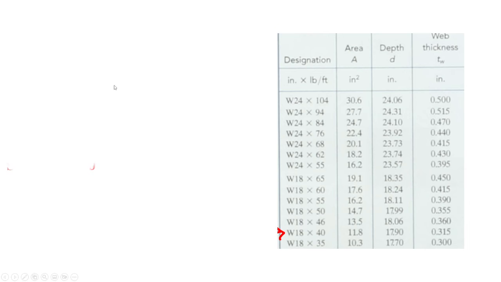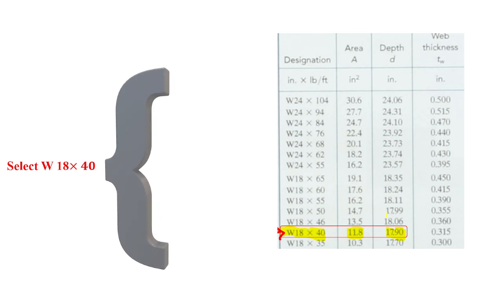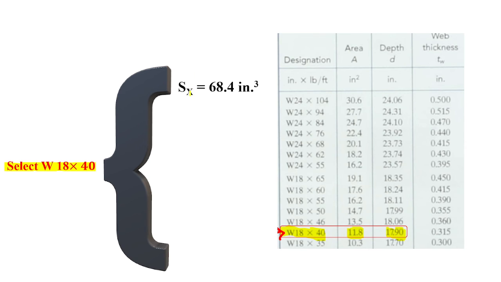So the next step, as soon as we have our section, for W18 times 40, which is our section, we need to go to Sx, which is equal to what? And then tw is equal to what?